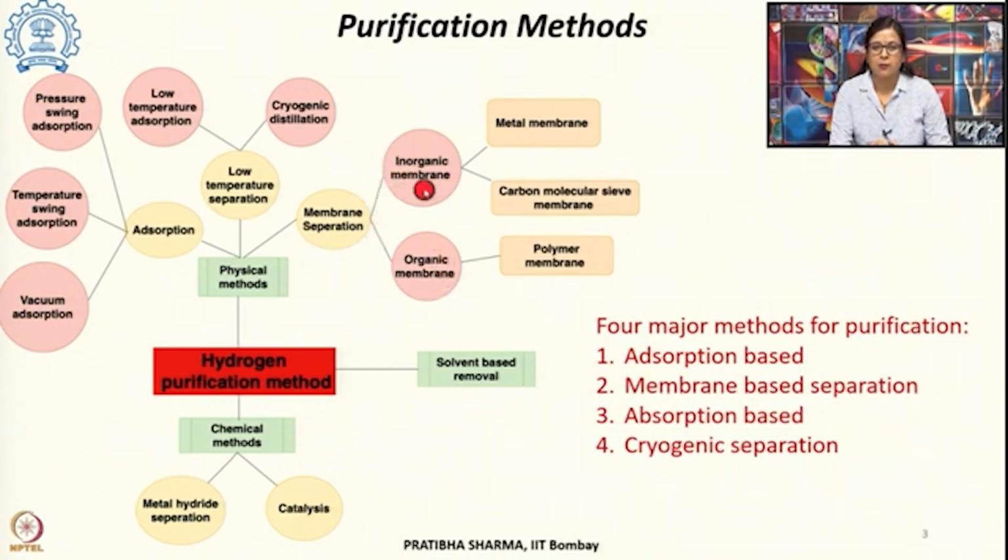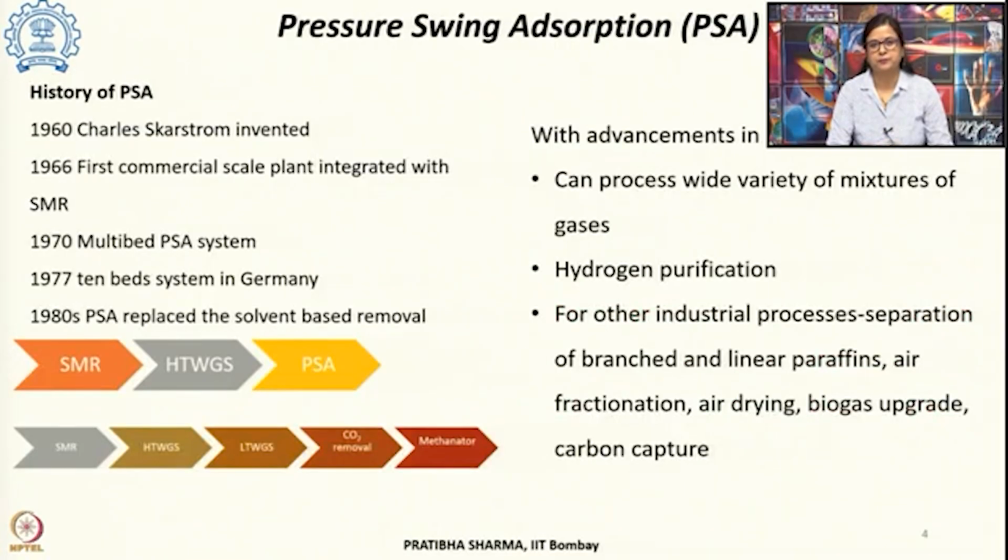Among inorganic membranes, metallic or carbon based membranes. Organic membranes can be polymer membranes. There could be solvent based removal methods. Among chemical methods, either metal hydrides can be used for purification of hydrogen or another route, which is catalysis. Now, we will look in more detail at each of these methods.